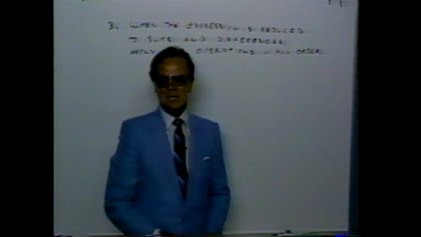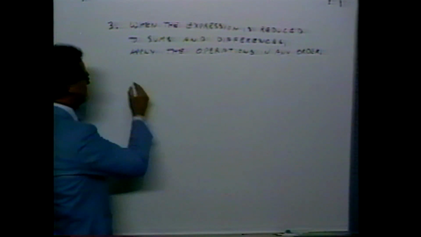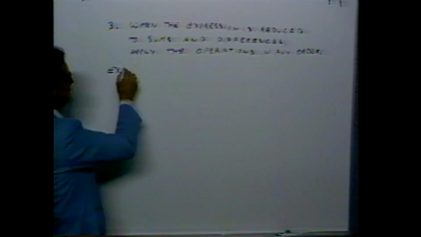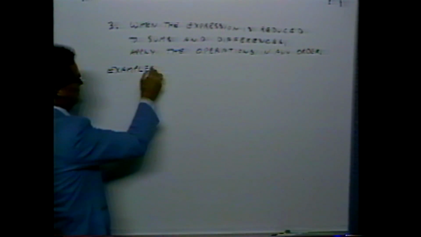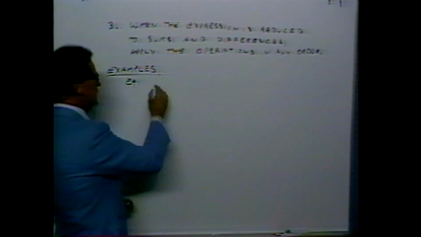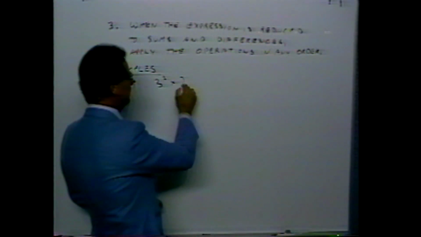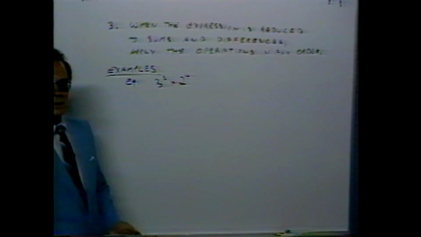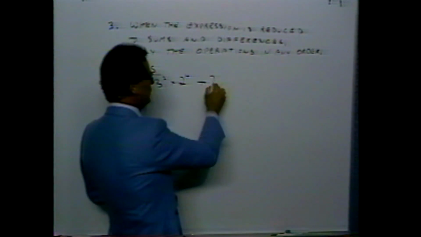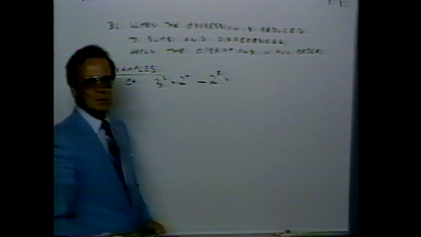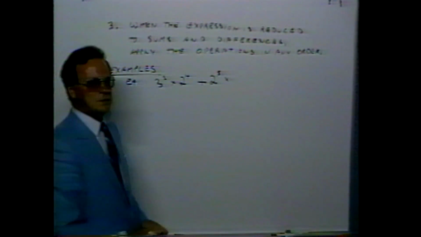And we'll do some examples now. Three squared multiplied by 2 to the 4th plus 2 to the 5th multiplied by 6 squared.